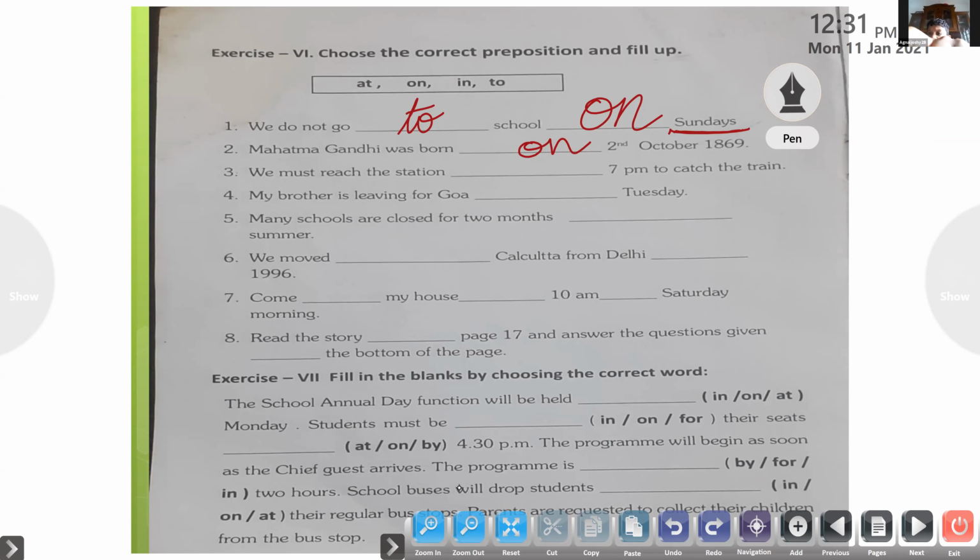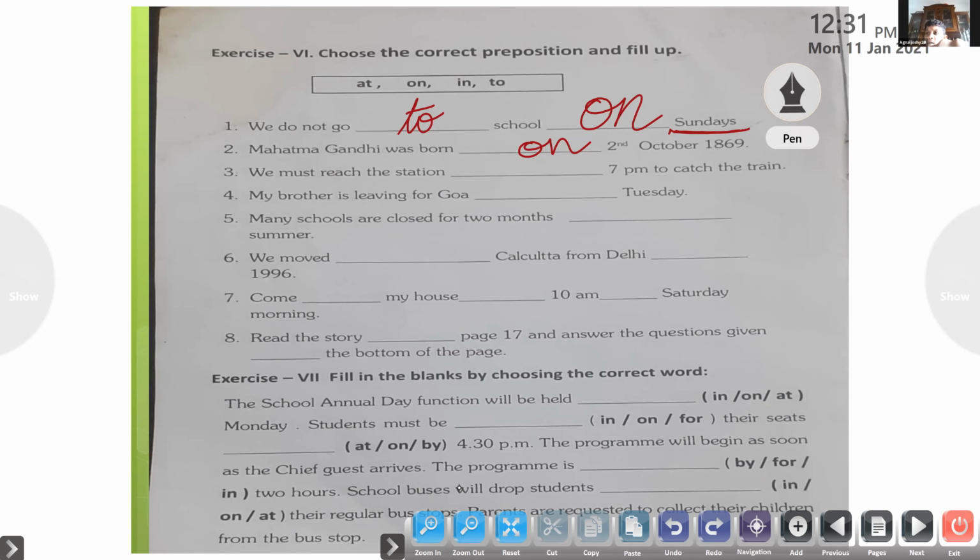The station. So we must reach the station dash 7 p.m. to catch the train.